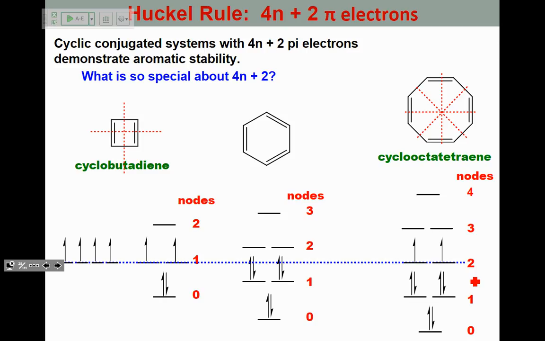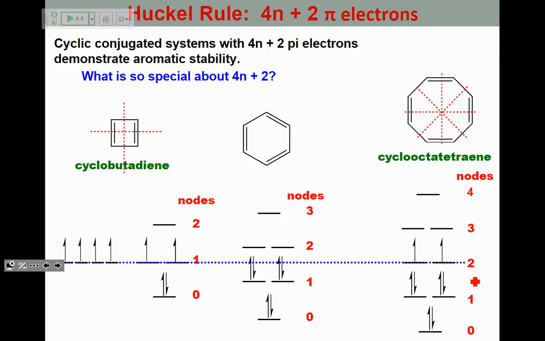But we actually have a different terminology for compounds like cyclobutadiene and cyclooctatriene that are cyclic and conjugated with pi bonds, but do not agree with Huckel's rule. And that's called anti-aromatic. And anti just means it's the opposite of aromatic, and that's exactly what we see based on reactivity.